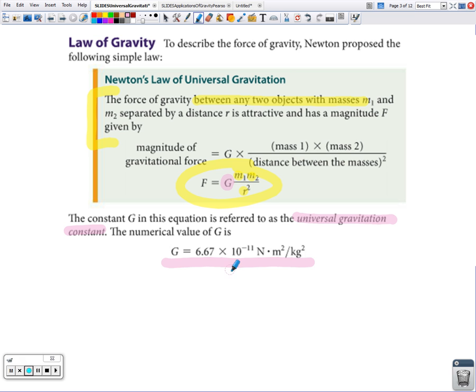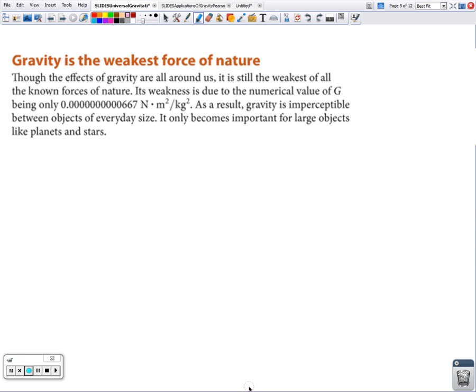It has a factor of 10 to the minus 11th power built into it, and that leads us to the realization that gravity is actually a very weak force.